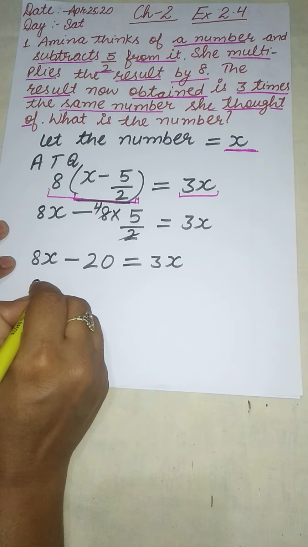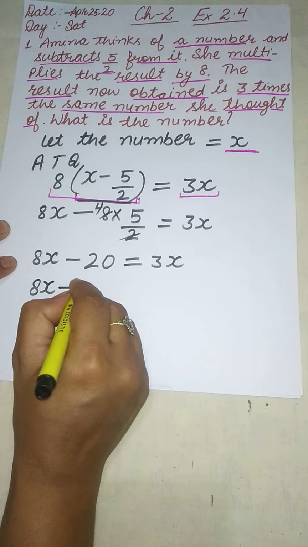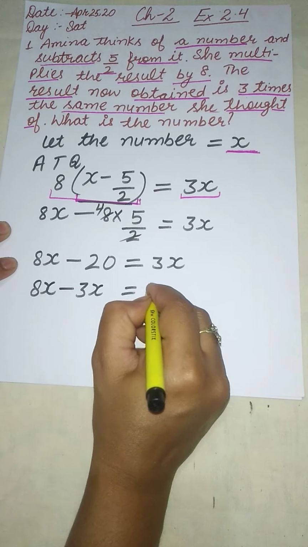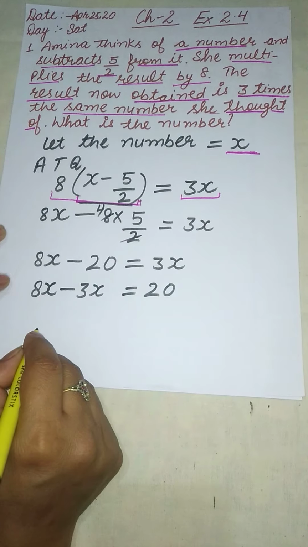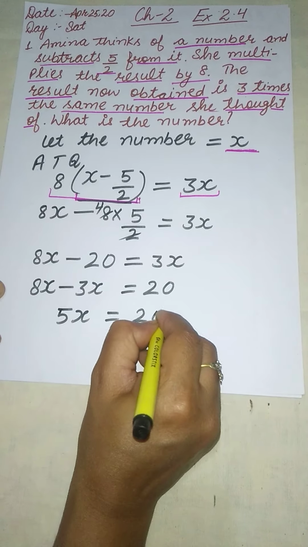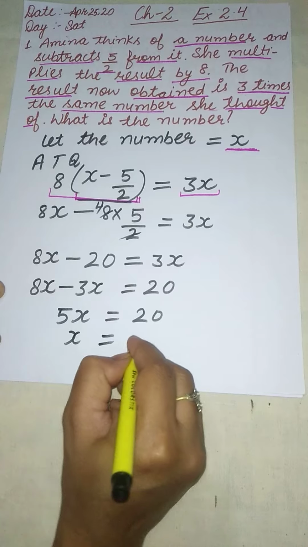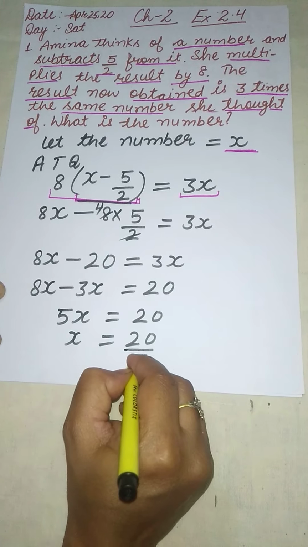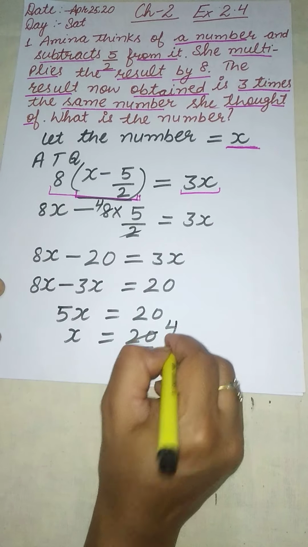Now 8x minus 3x is equal to 20. So 5x is equal to 20 and x is equal to 20 upon 5, that is 4.